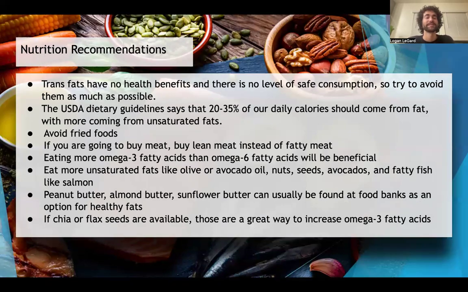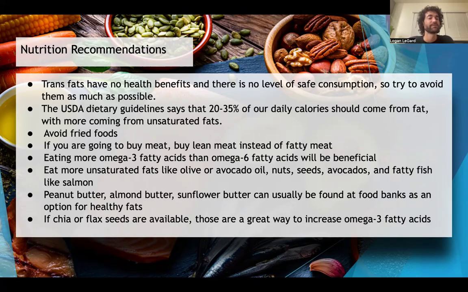Some nutrition recommendations. Trans fats have no health benefits and there's no safe level of consumption, so try to avoid them as much as possible. The USDA dietary guidelines say that 20 to 35% of our daily calories should come from fat, with more coming from unsaturated fats.